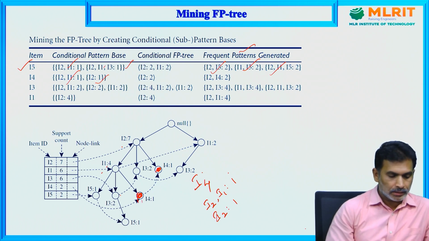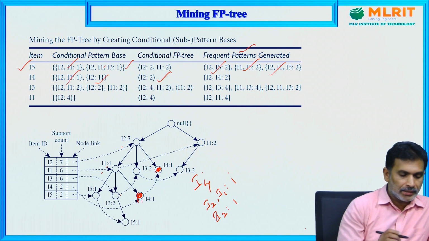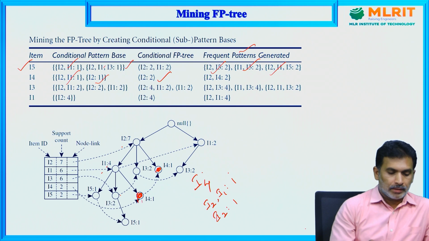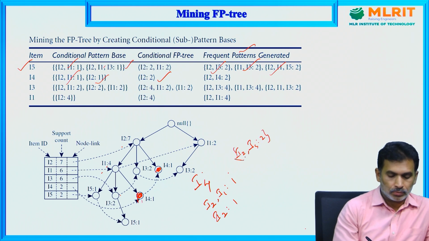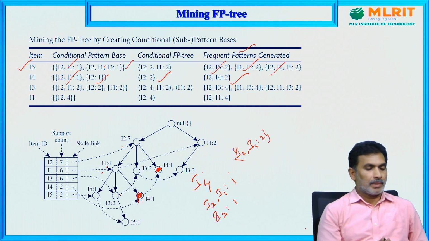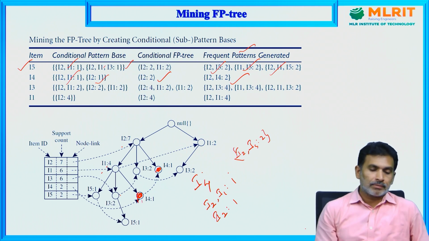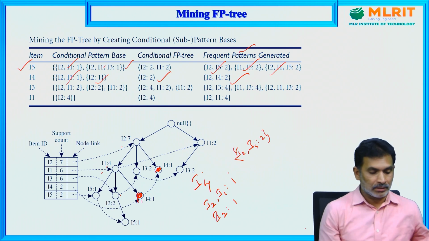Then the conditional FP tree contains only I2, and the frequent pattern generated is I2, I4 only, with its support. Like that, we construct the conditional pattern base, the conditional FP tree, and the frequent patterns from those FP trees.